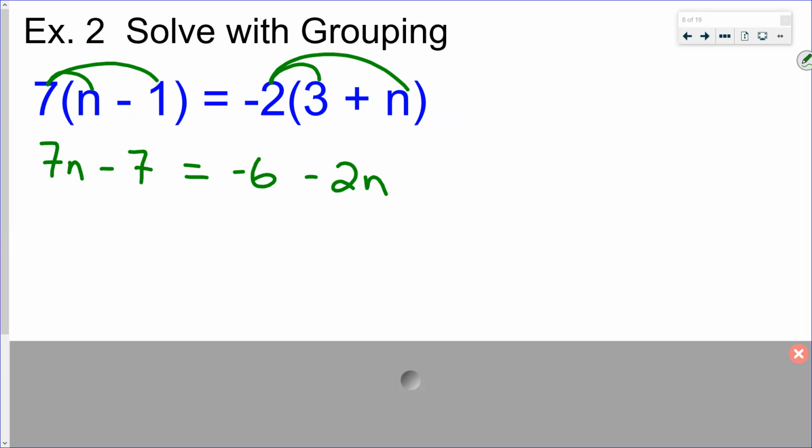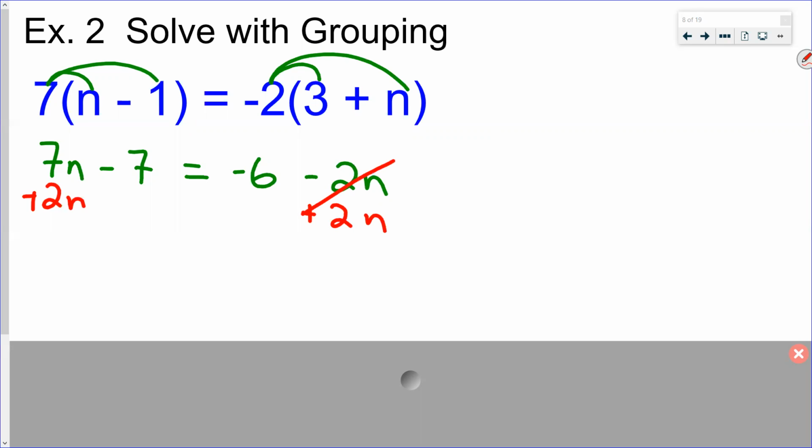Now we look, are there any like terms on each side to combine? No, there is not. Now we want to move our variables and we want to make sure they stay positive. So if we look here, we have a positive 7n and -2n. So we're going to add 2n, add 2n.